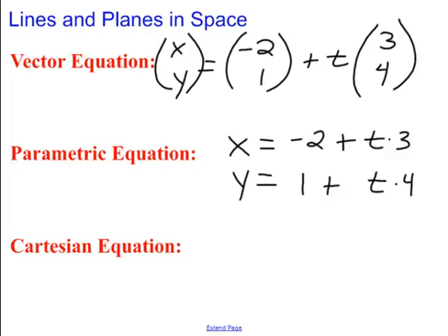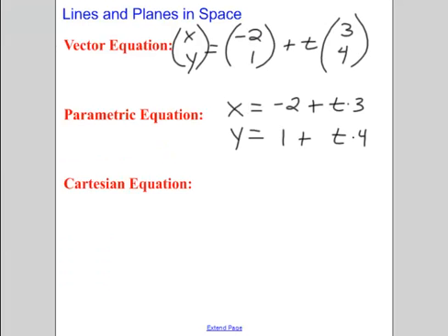If I want my Cartesian equation, it only has x's and y's, no t's. I'm going to have to get my t out of there. It's usually y equals form. So take that initial equation, x equals -2 plus 3t, solve it for t.